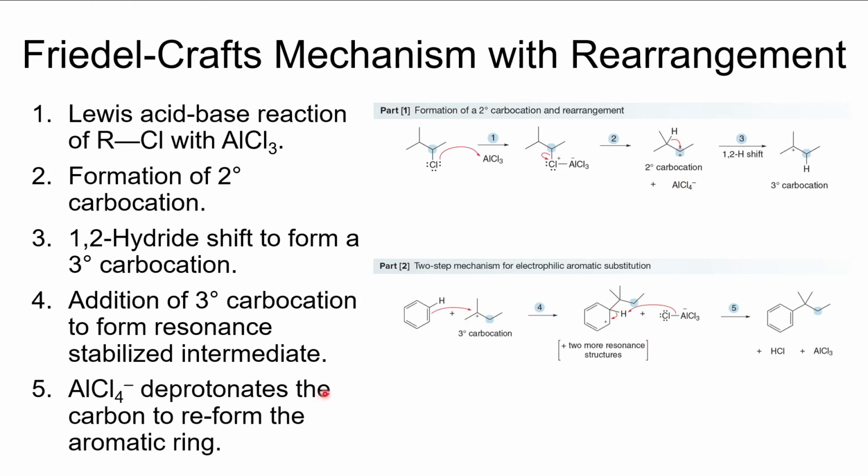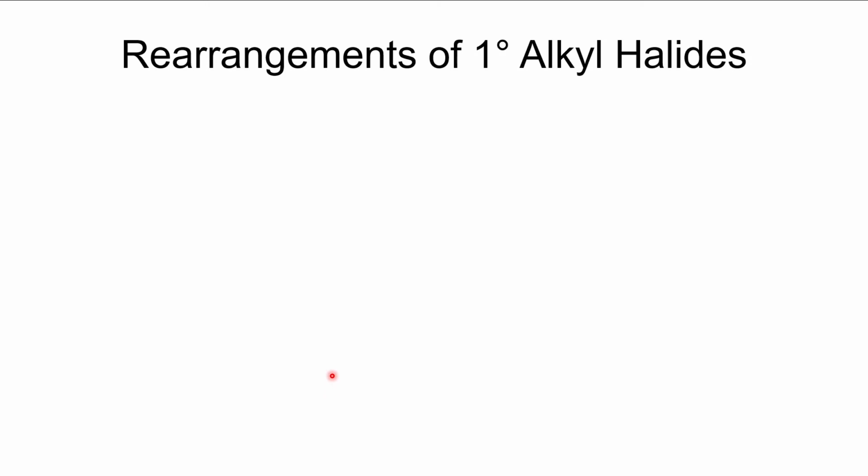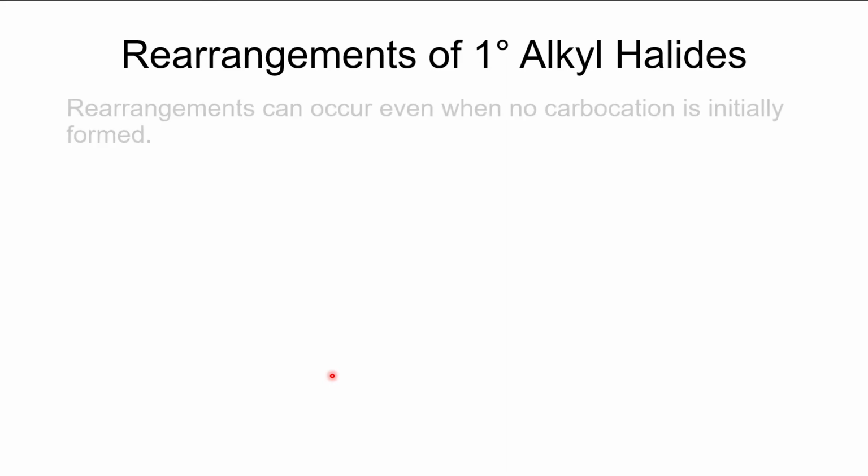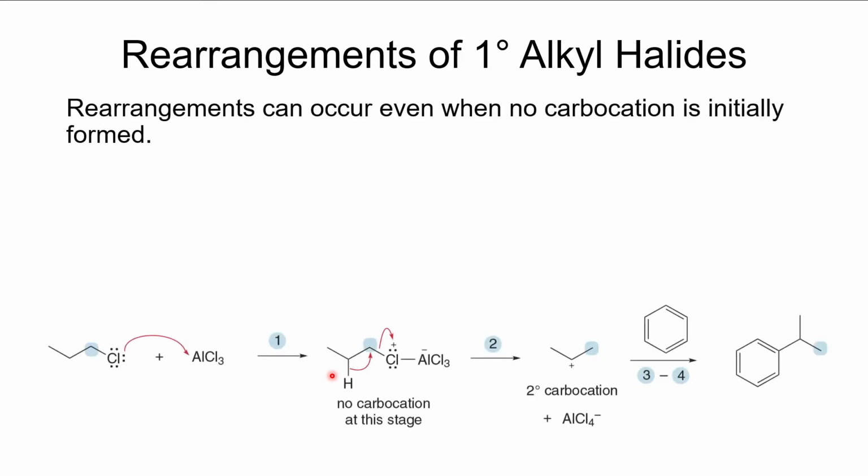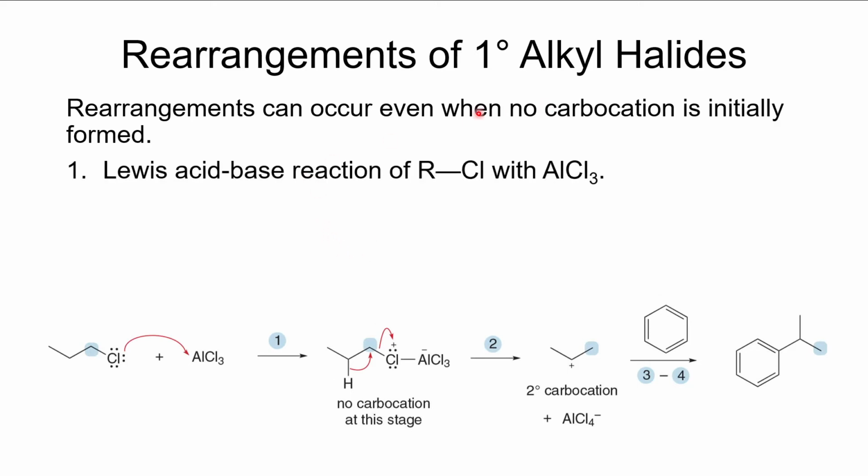For our other one where we had a primary alkyl halide, you may be wondering, well, how did we get a rearrangement there? Because we can't form primary carbocations. And that's true. We don't form a primary carbocation. Because it's impossible, or at least very difficult to form primary carbocations, we do form the Lewis acid-base complex between aluminum chloride and our alkyl halide.